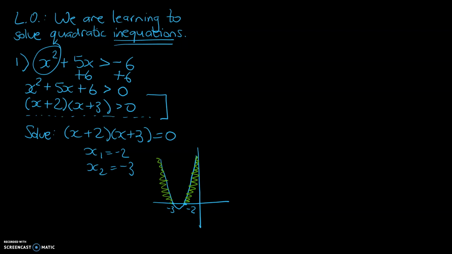So that means anything more than -2, that's going to have a positive y value, and anything below -3, that is also going to have a positive y value. And what that means in the middle, any number between -3 and -2, that is either going to be 0 or negative. And they don't meet the inequation that we are currently looking at.